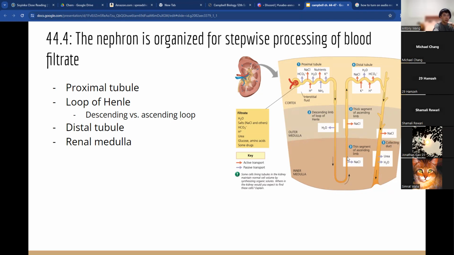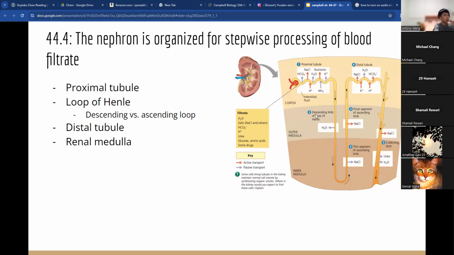And then as you go up, the surroundings will be much less concentrated, so salt will be able to diffuse out through channels. And once you reach the upper half of the loop of Henle, this is called the thick ascending limb. At this point, you actively pump salts out of the nephron, and this is what helps to establish the gradient of ion concentrations.